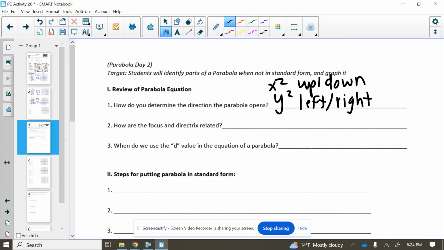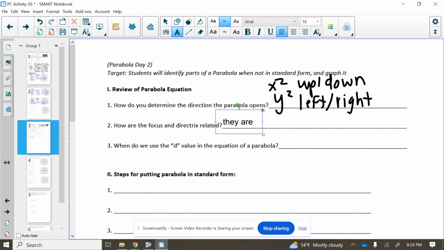How are our focus and our directrix related then? These are both going to be d units away from the vertex. So think about the vertex kind of like the midpoint between them, between the line and the point, the directrix and the focus.